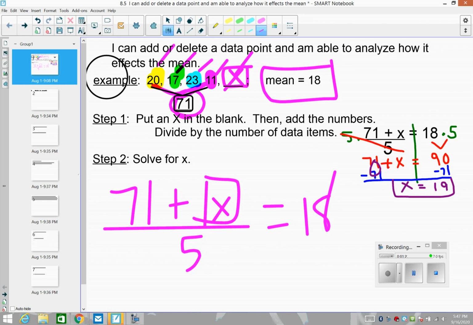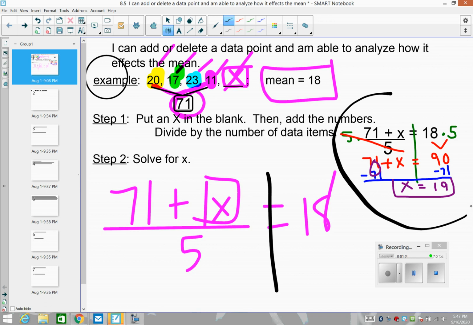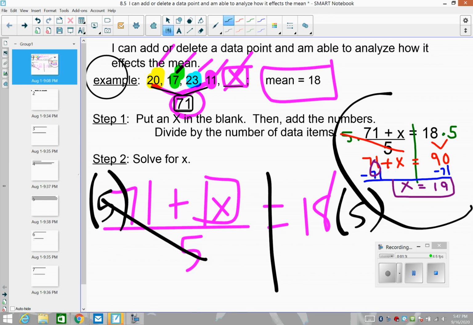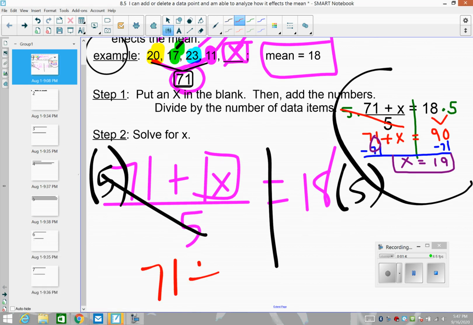So the cool part about this is that it's just a two-step equation. I have it solved here as well: you're going to multiply both sides by 5, copy paste. And so you end up getting 71 plus x equals 90.